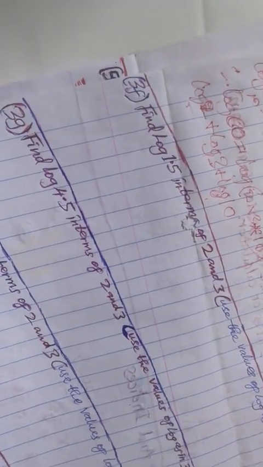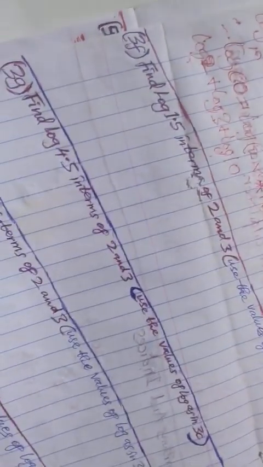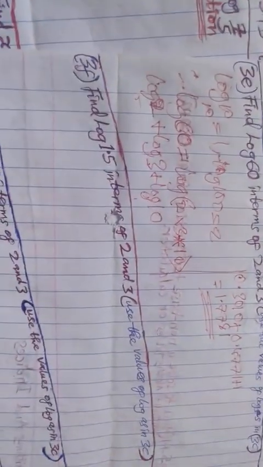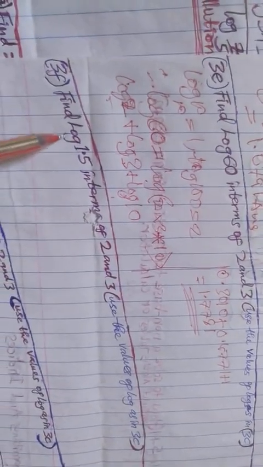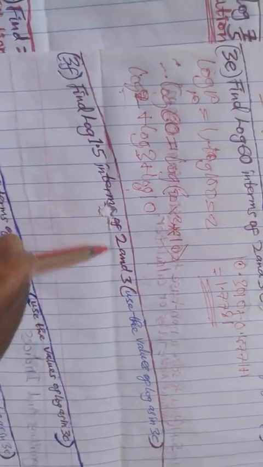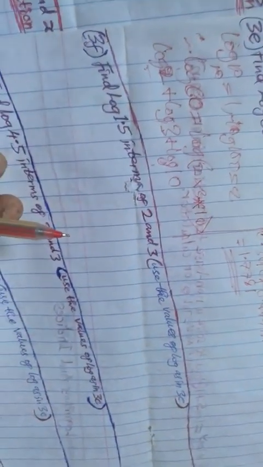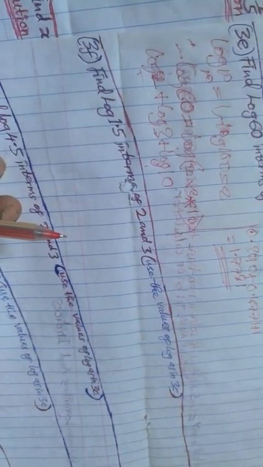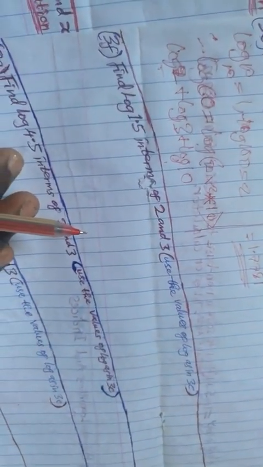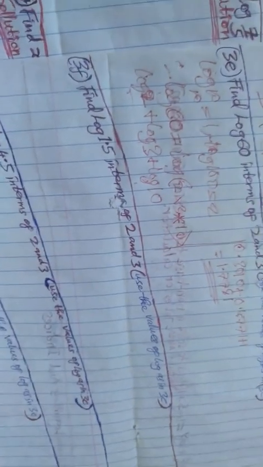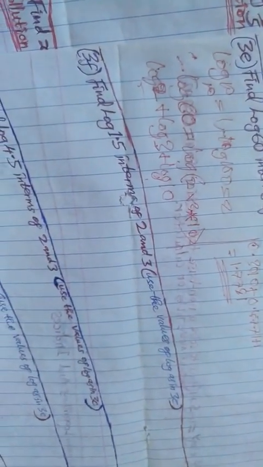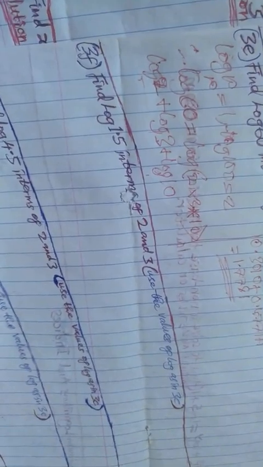Question number 3f: find log 1.5 in terms of 2 and 3. Use the values. Think of 1.5 in relation to 2 and 3. It's obvious that you need to divide 3 by 2 to get 1.5.